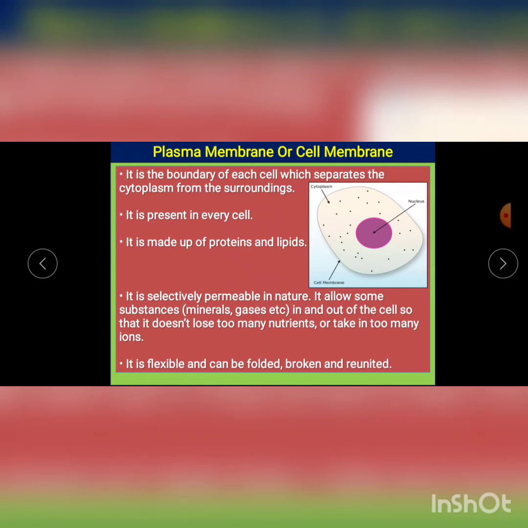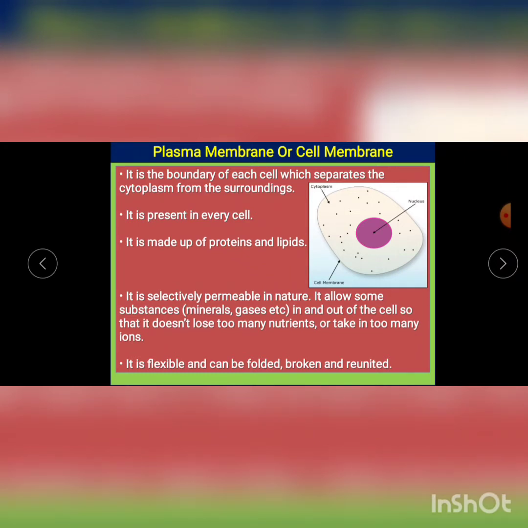Selectively permeable means it allows some substances like some minerals or gases in and out of the cell so that it doesn't lose too many nutrients or take in too many ions. Particular substances, mainly based on their size, can enter or exit the cell, but not every mineral or every gas, or you can say not every molecule can enter or exit the cell.